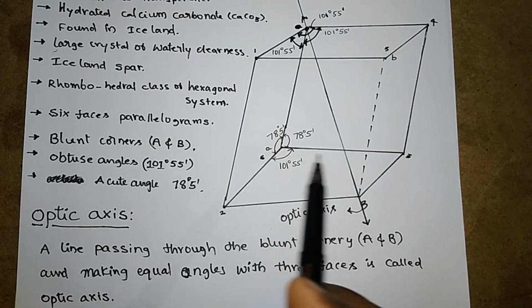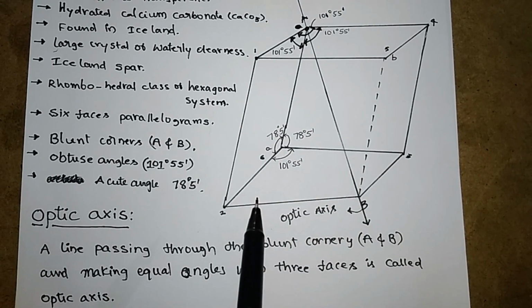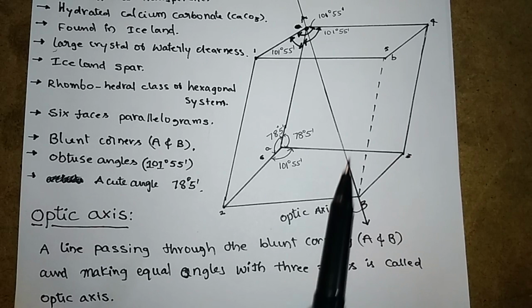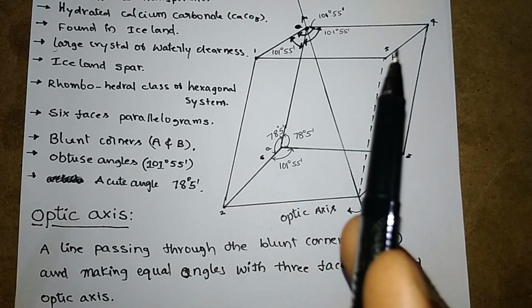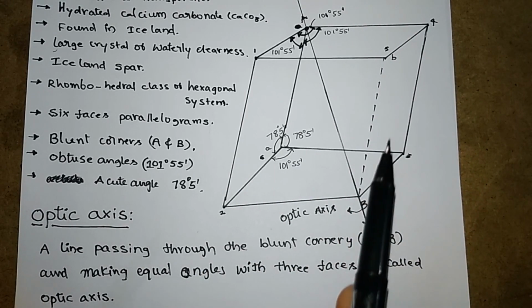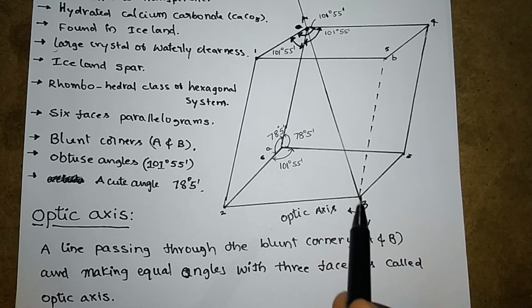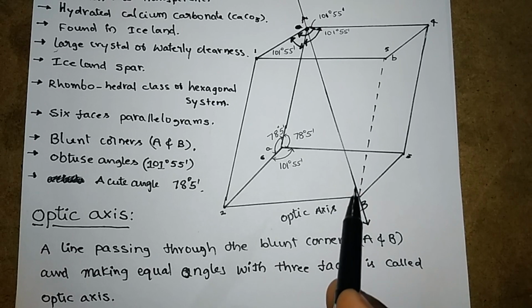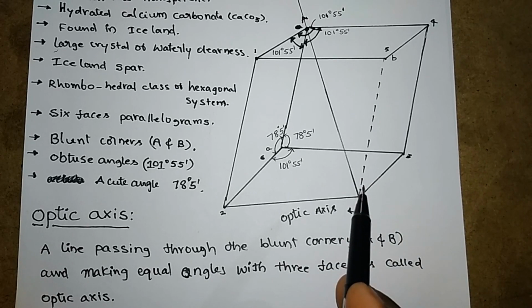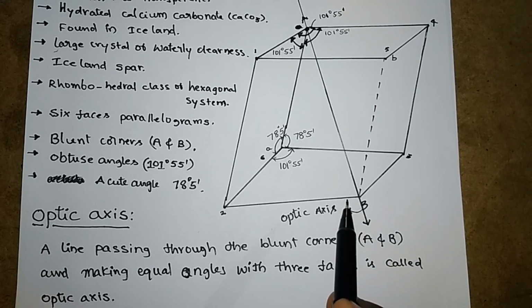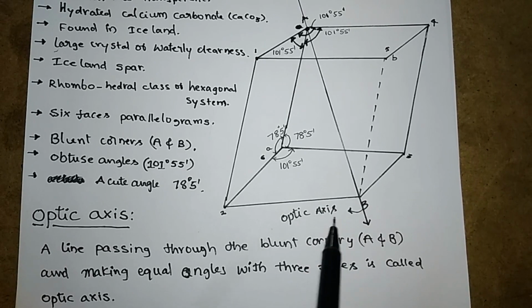Here is one face, we have another face, and this is another face. This optic axis makes equal angles with three faces, so it is called the optic axis of the calcite crystal.